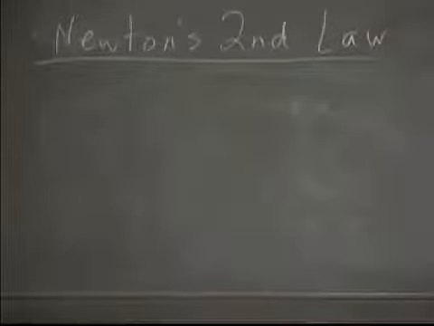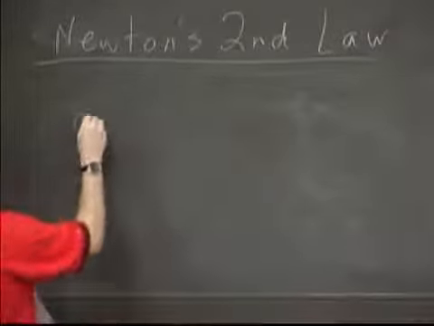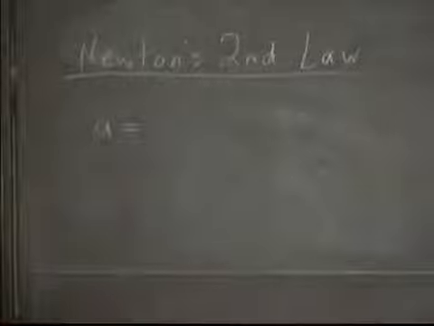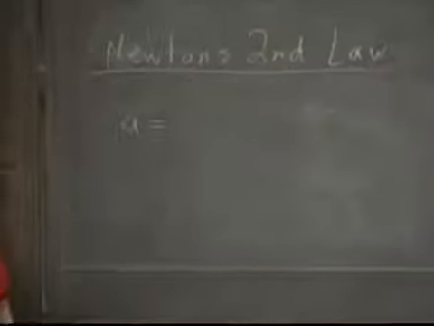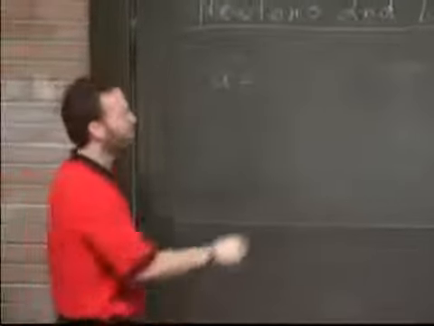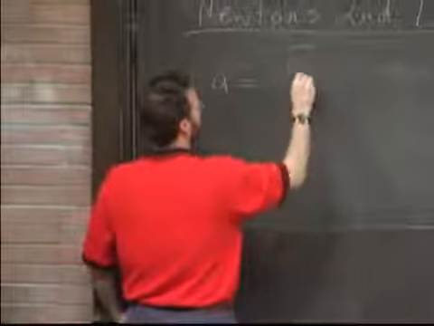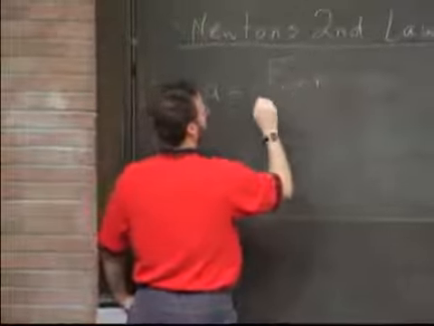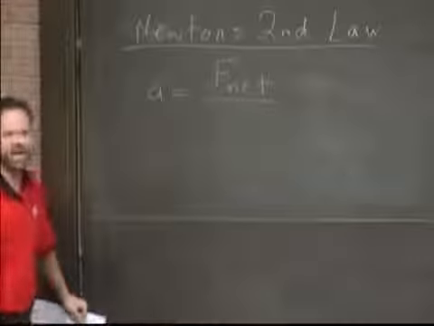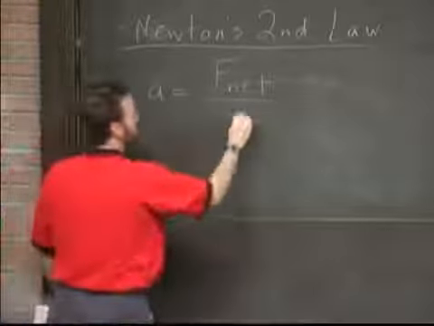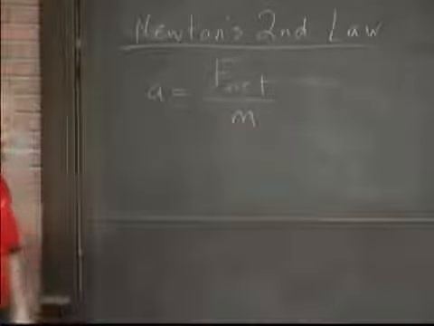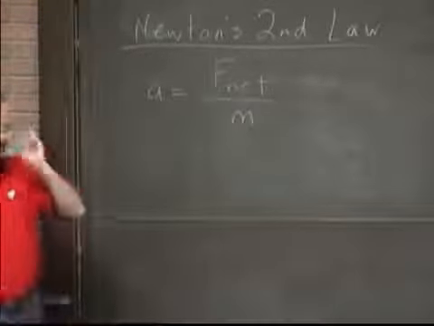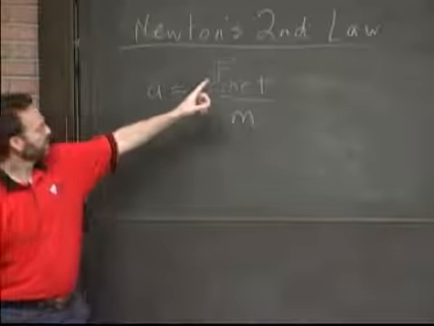So Newton's second law. We figured out that acceleration is proportional to two things. The force, but the mass matters as well, how much inertia the thing has. And yes, I am intentionally being redundant.